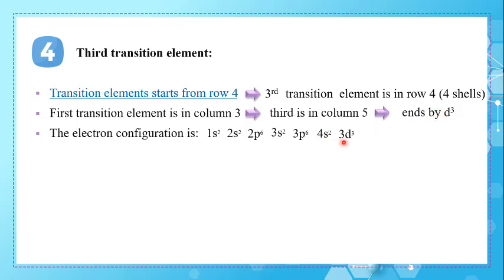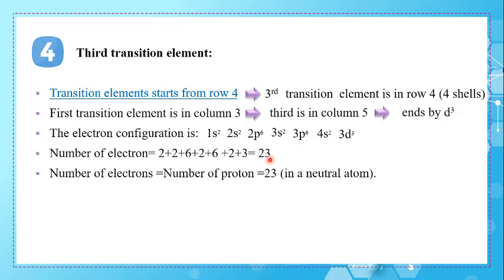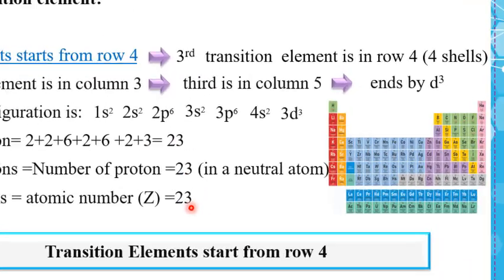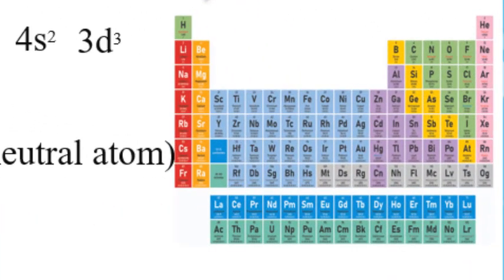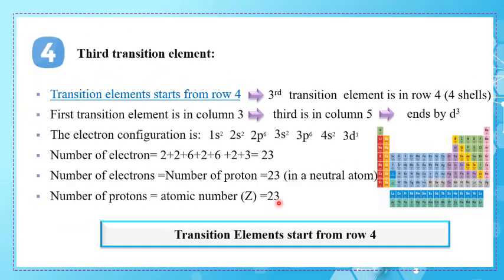So finally 3d3. So the number of electrons is equal to 23 and therefore the atomic number of the element is 23. Remember that transition elements start from row 4. And as we said previously, the first transition element is in row 4 till the 10th transition element.